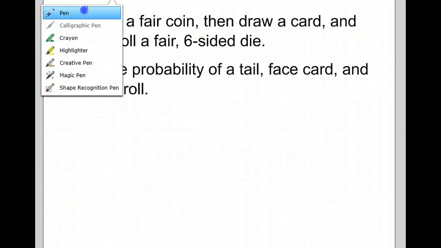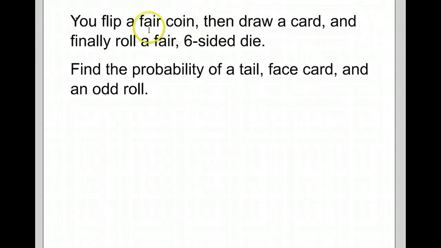For independent events, or even for dependent events, if we have more than two outcomes, we can still continue the process. So find the probability I roll a tail, draw a face card, and have an odd roll on the die.